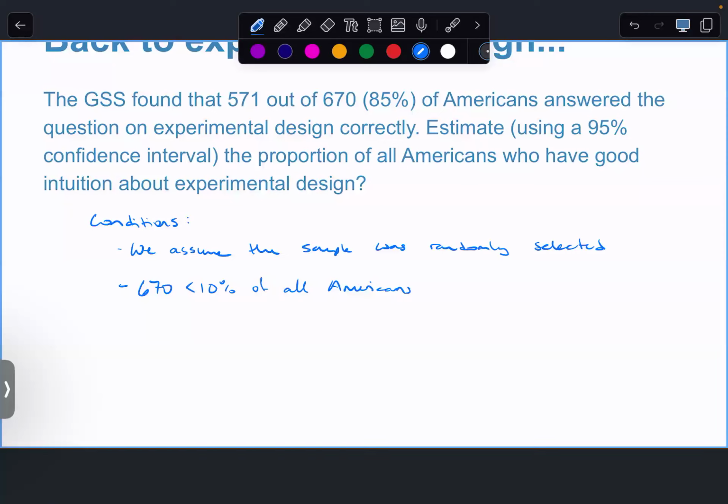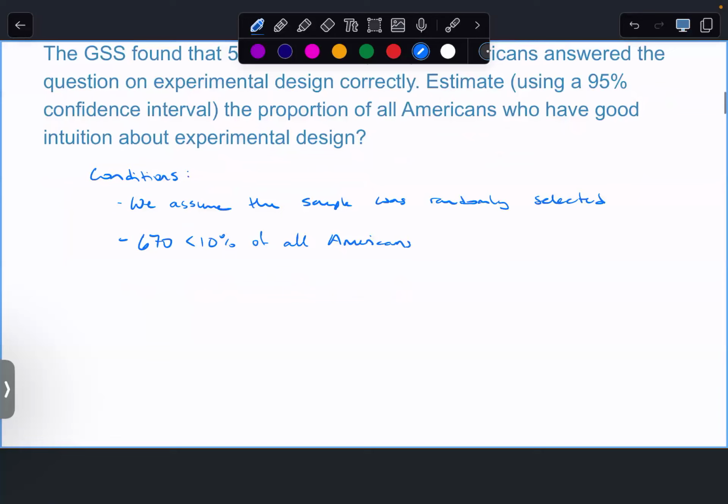And we're doing a confidence interval, so I have to have at least 10 observed successes and at least 10 observed failures. So n times p hat, but in this case I have x, which is 571, is greater than or equal to 10. At least 10 observed successes. And n times q hat, which is really n minus x.